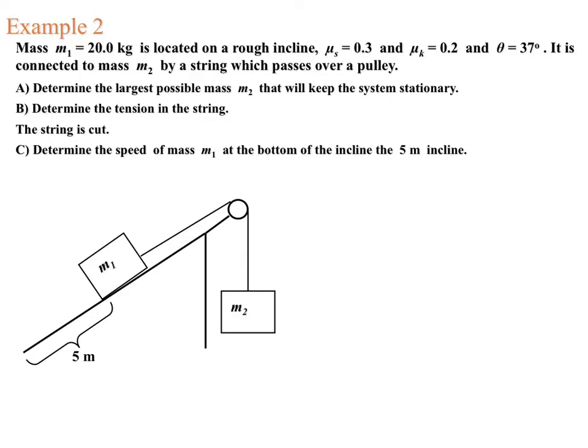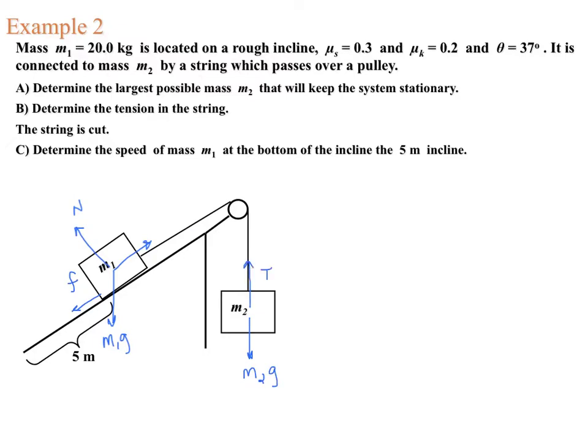So if I'm just looking at my system, I want to draw my free body diagram. So I have m1g going downwards, tension going up, normal force is perpendicular, and friction will be going down our ramp. Here we have our second object with a gravitational force and tension going up the ramp.